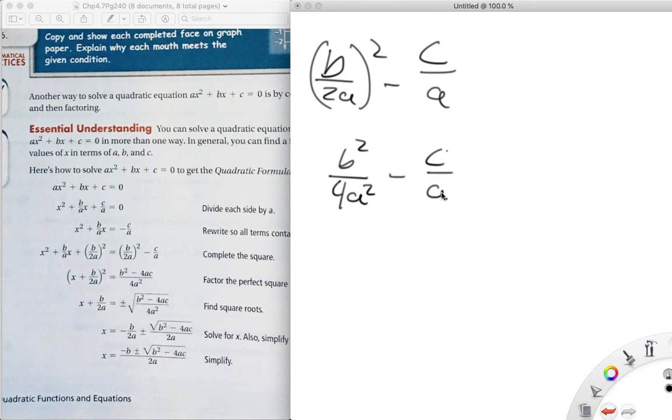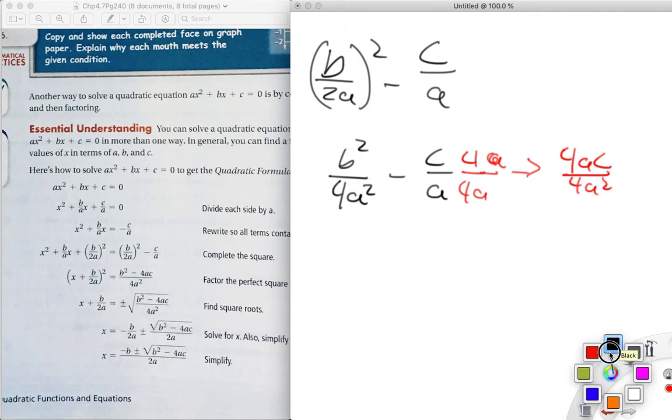Well, we can't really work with this, right? Because in order for me to subtract, we have to have a common denominator. So I have to multiply this part here on the right-hand side, top and bottom, by 4a, which turns this into 4ac over 4a squared, which is what we want.